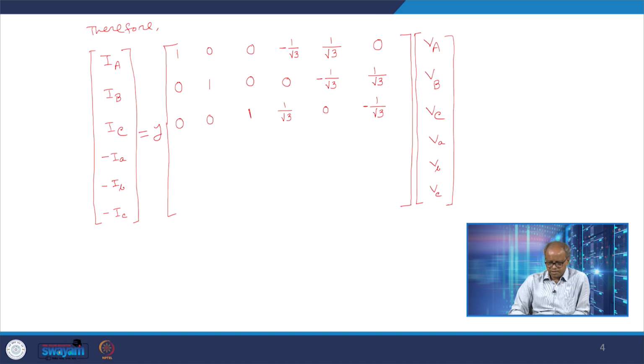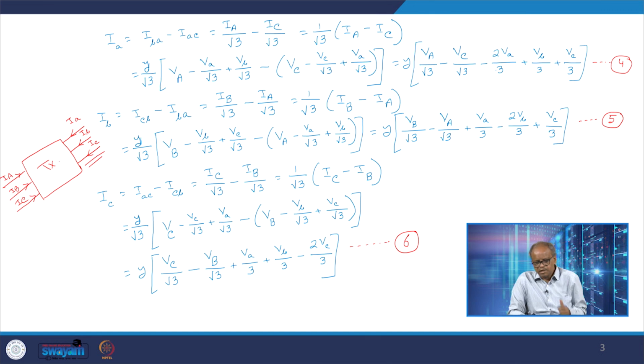Now at the secondary side, this is I small a.